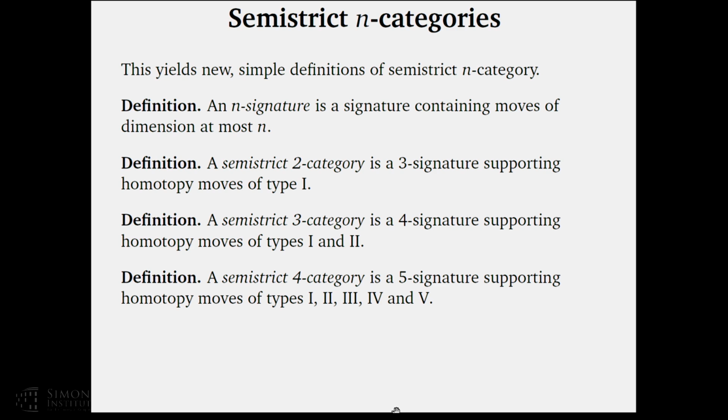And a 4-category is a signature supporting moves of types 1, 2, 3, 4, and 5. So in this way, we get a concrete definition of a semi-strict 4-category, which is vastly simpler than existing definitions, which, as I said before, require something like 70 functions that must satisfy 140 axioms to define a semi-strict 4-category traditionally. We've reduced that by an order of magnitude.